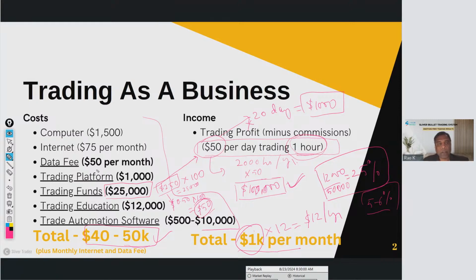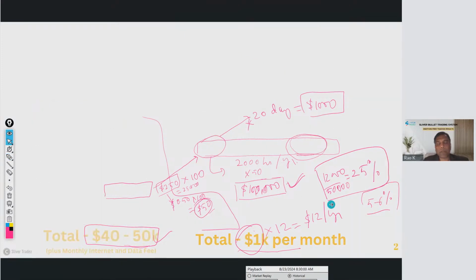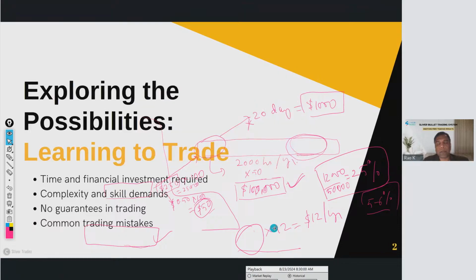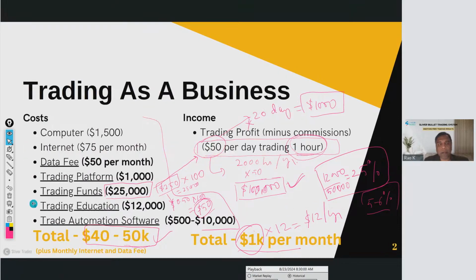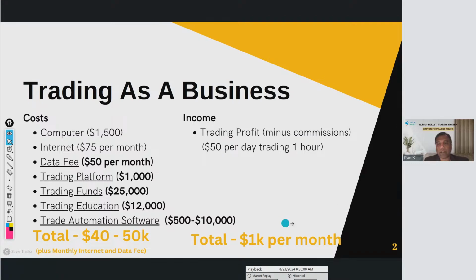So with these numbers, we are looking at whether they make sense or not. Now we'll come back to this slide later and see if there is a way to reduce this cost to 1/10, meaning you have to spend only $5,000, and multiply this income 10 fold, so you make $10,000 per month.